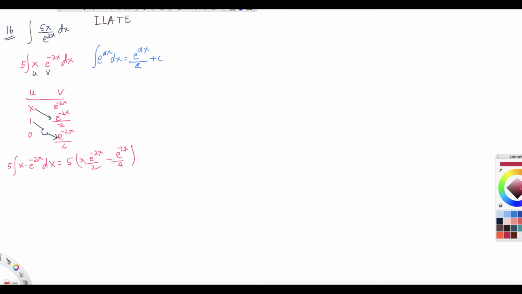So that is the final answer. Or if you want to write it in a nicer format, then it will be 5/2 x e to the negative 2x minus 5/4 e to the negative 2x.